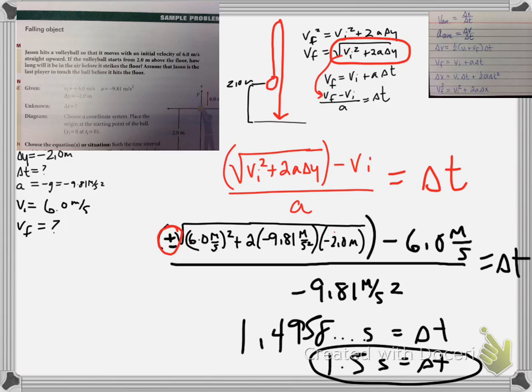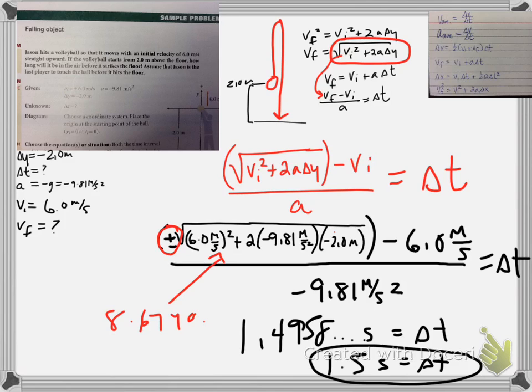So the raw answer that we get for that is 8.6740, blah, blah, blah. But it's negative. When you take that negative 8.67, etc., and you subtract another 6 meters per second from it, you get negative 14.674, blah, blah, blah.